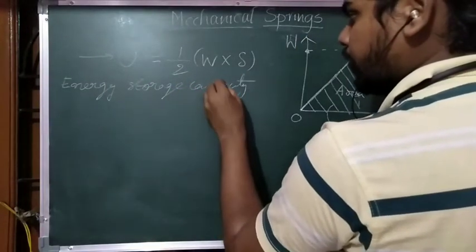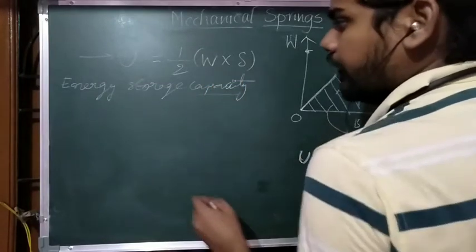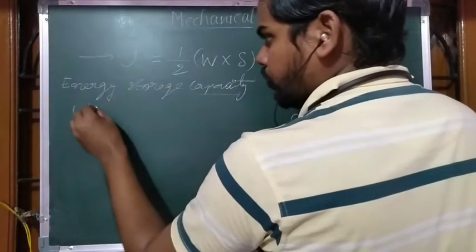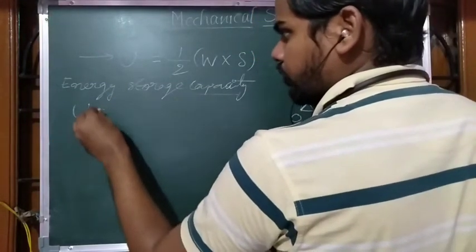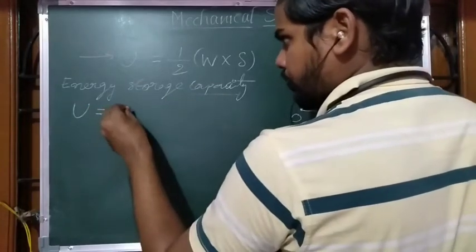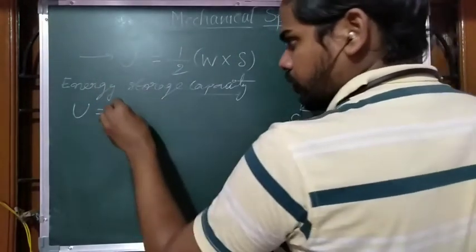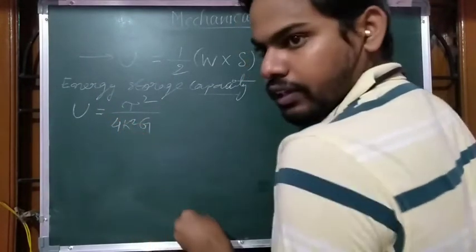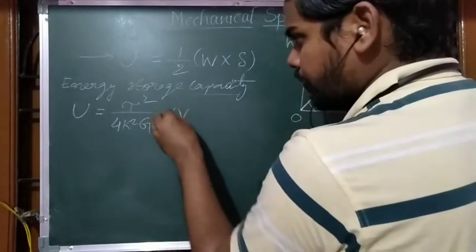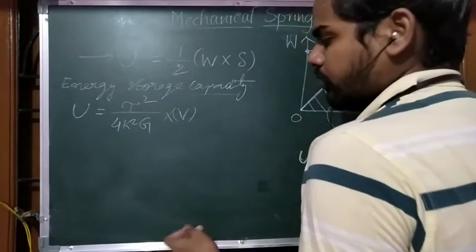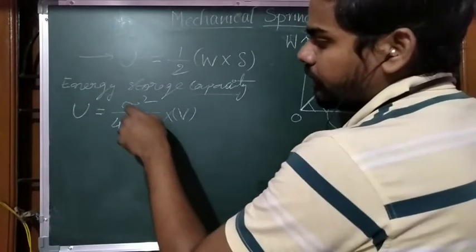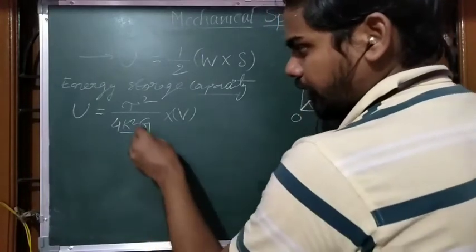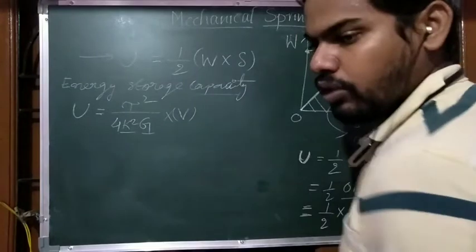The final relation, after solving, is U is equal to tau squared by 4 K squared G, into V. Here V represents the volume of the spring, tau represents shear stress, K is the Wahl stress factor, and G is the shear modulus or modulus of rigidity.